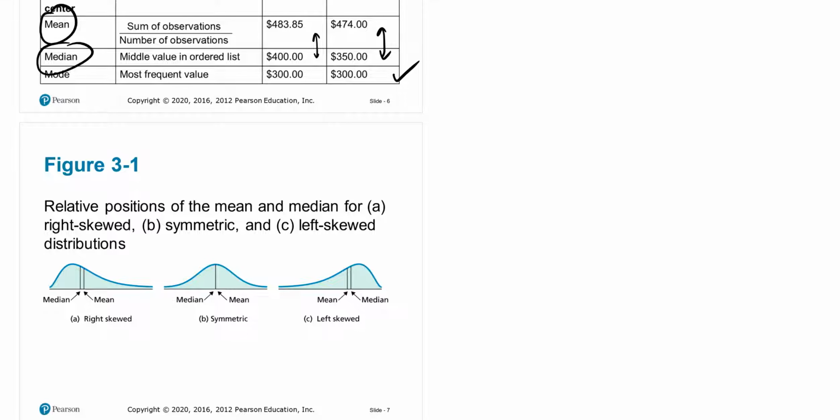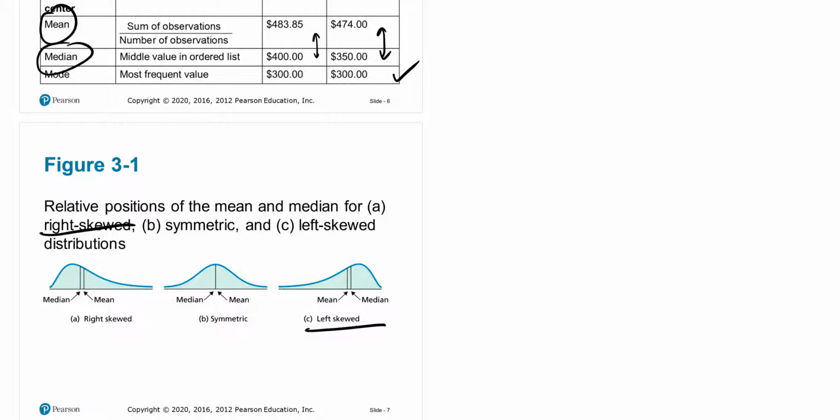Now, graphically, the first graph is skewed to the right. If skewed to the right, then the mean would be to the right of the median, as you can see, because you're getting bigger values on the right side. That's why the mean gets shifted to the right. And the same thing in the last one here.